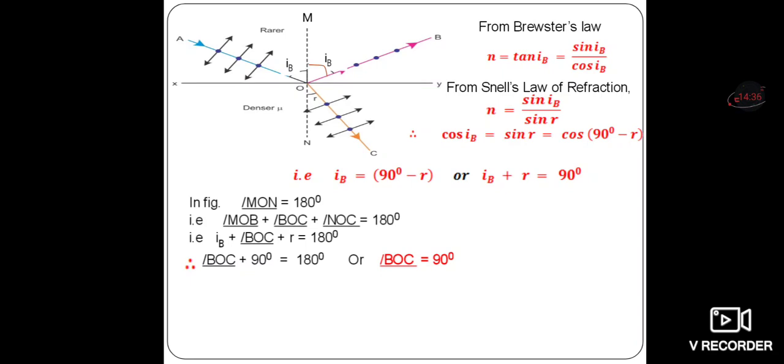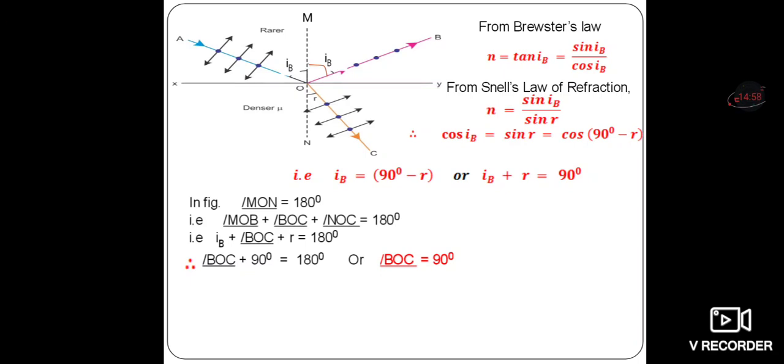So what is this angle BOC? It is the angle between the reflected ray and the refracted ray. As I already told, whenever the angle of incidence is equal to the Brewster's angle, it obeys one condition: the reflected ray and the refracted ray are perpendicular to each other.